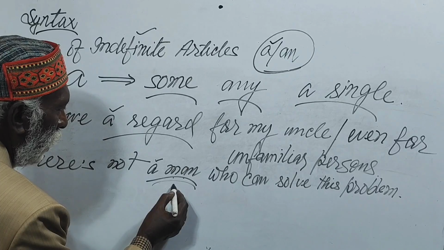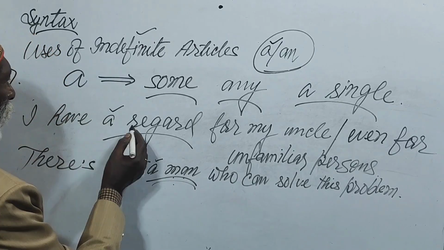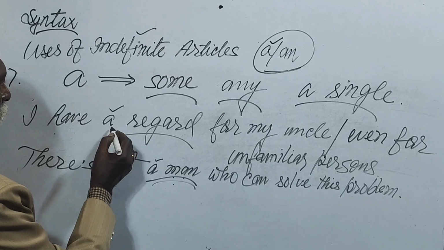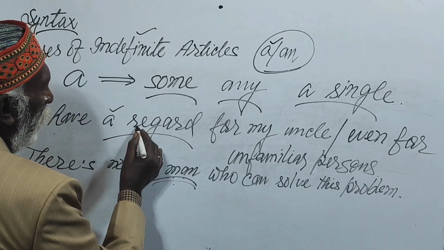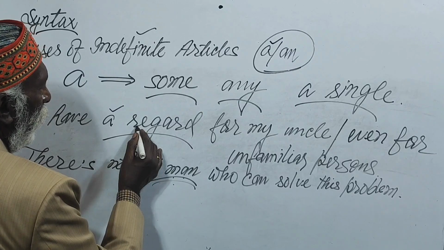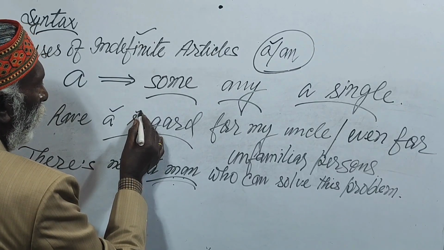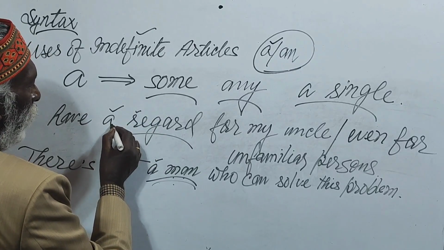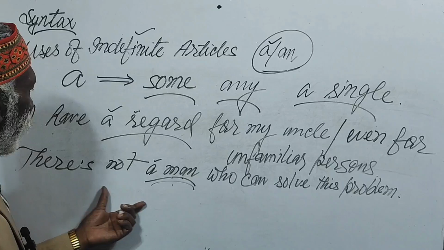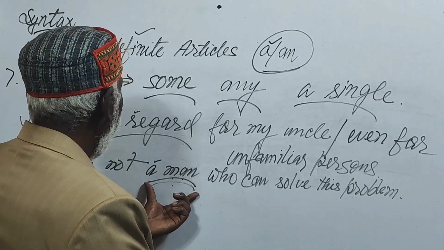Man has a consonant sound, so a has been used. Likewise just before regard, a has been used. There's not a man, कोई आदमी, not a man.